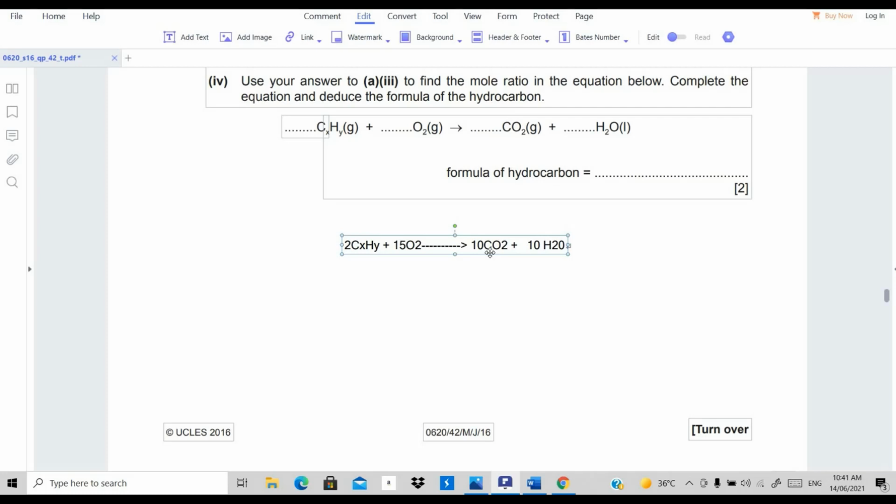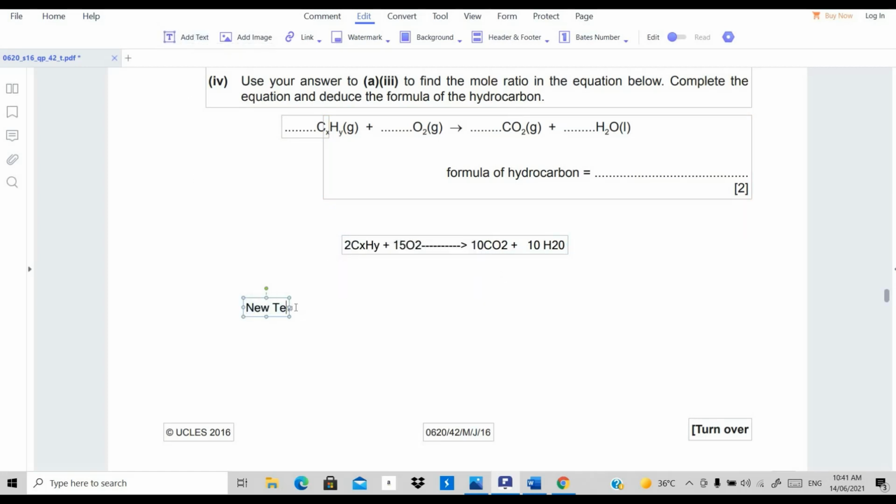You can see it. Firstly, you need to check how many carbon atoms are present. There are 10 carbon atoms present, and here they have given us 2. This 2 is mentioned here. Now this 2 will multiply by what to give us 10? We can just use some mathematics here.